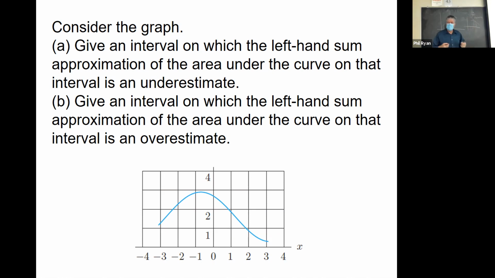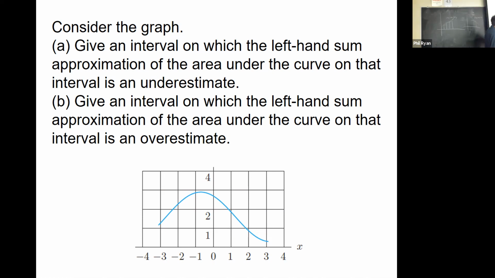This is kind of why it's best to average the left-hand sum and the right-hand sum, because you're balancing between the increasing and the decreasing. Okay, so on what interval would the left-hand sum give an underestimate? Well, that's going to be on an interval where the function is increasing.